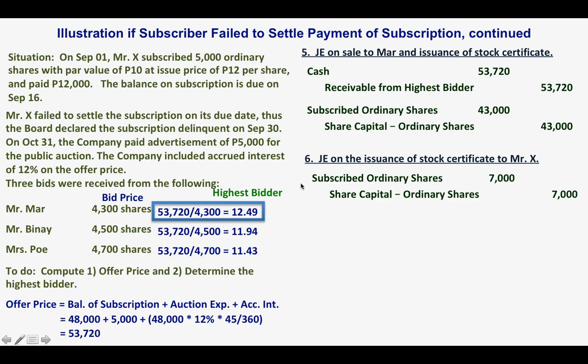So then it's debit subscribed ordinary shares 7,000 and credit share capital ordinary shares 7,000. Okay?